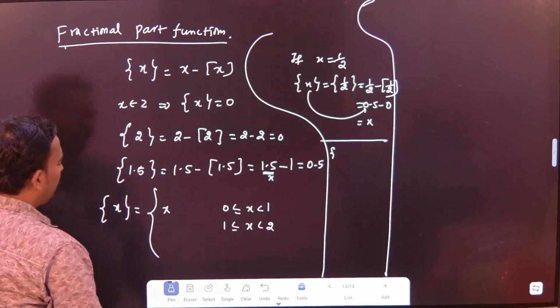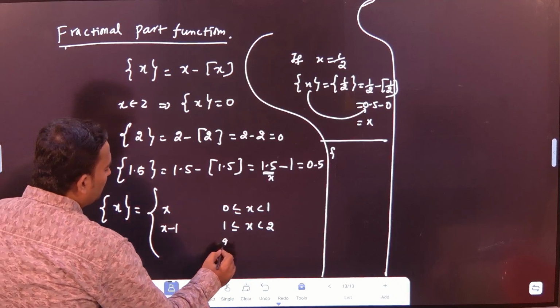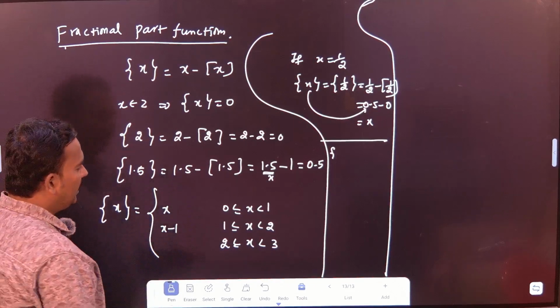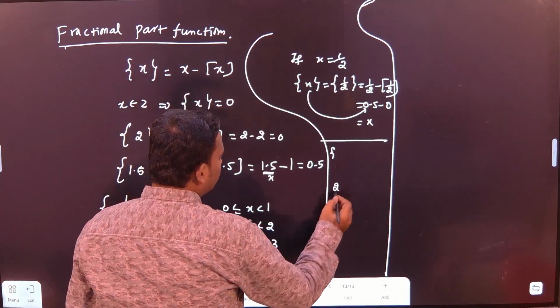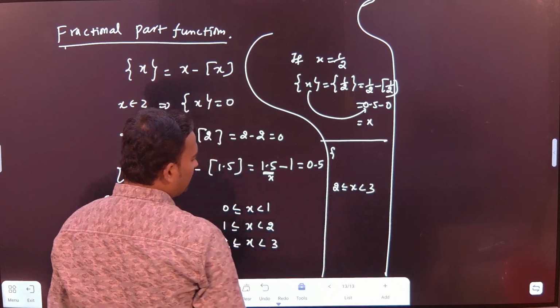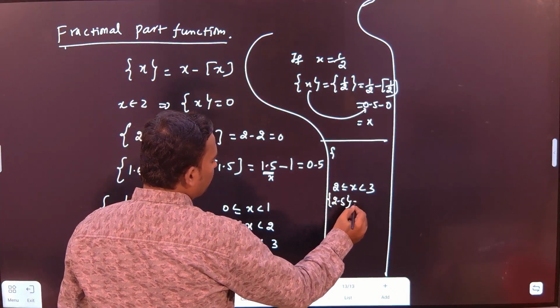So we can define it as x minus 1. Let's take 2 to 3. If I take 2.5, take the fractional part of this one.